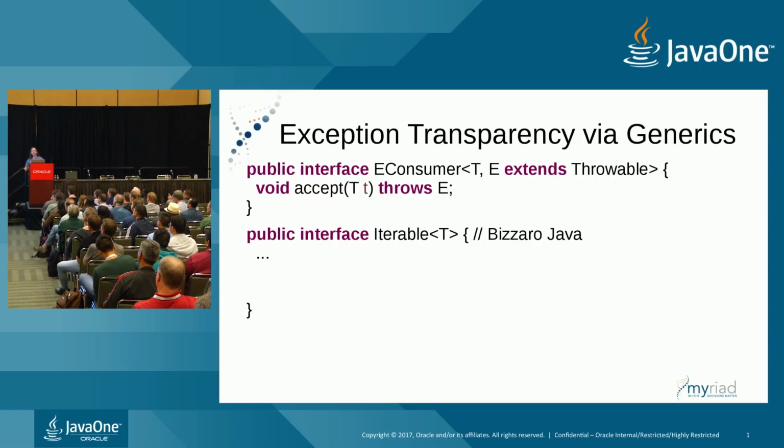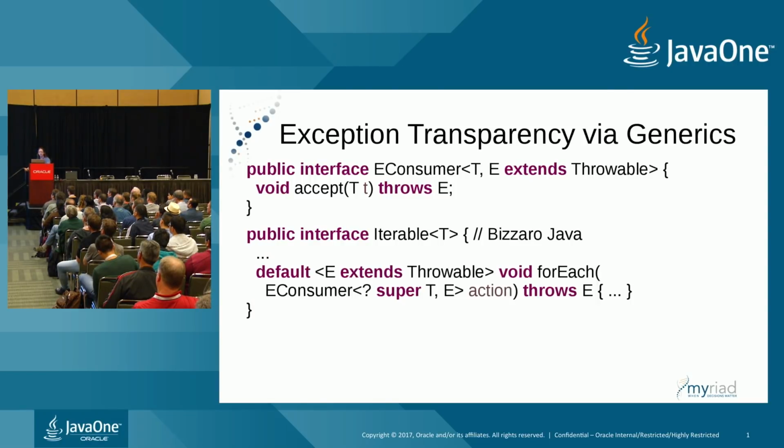And then we could even imagine, hey, if Java had done this in some sort of bizarro Java, then the Iterable interface, instead of having a forEach method take a Consumer, it could have taken an EConsumer, and then everything would have just worked out the way that we want it to. And the funny thing is that this actually works. But you'll notice right away the signature for each just got a little bit more confusing because I suddenly have to put in this extra generic parameter information.